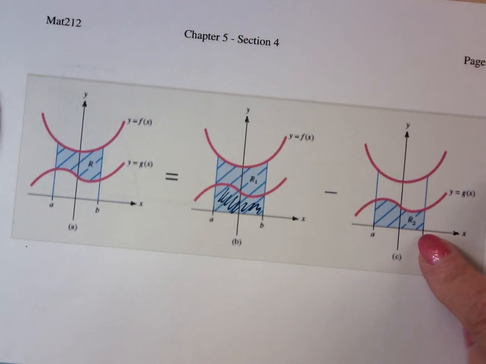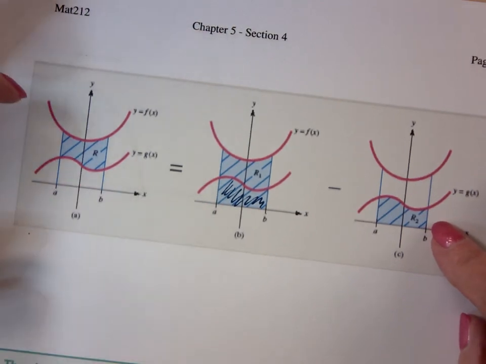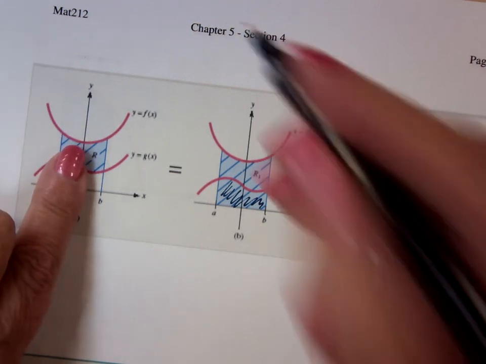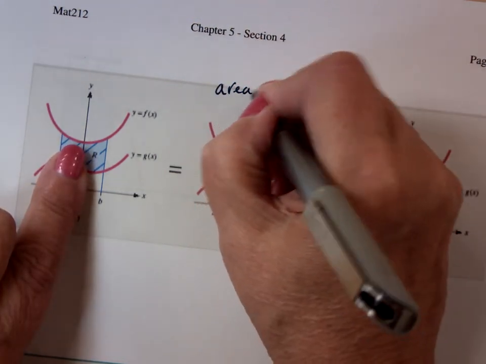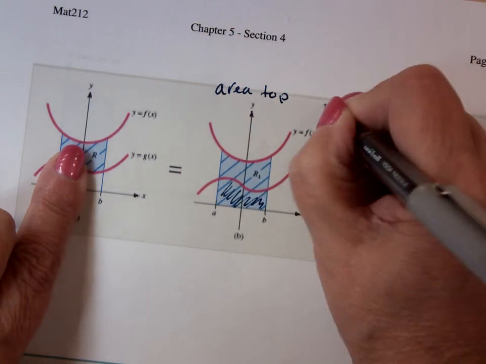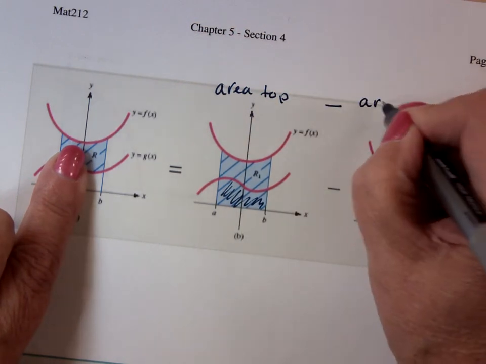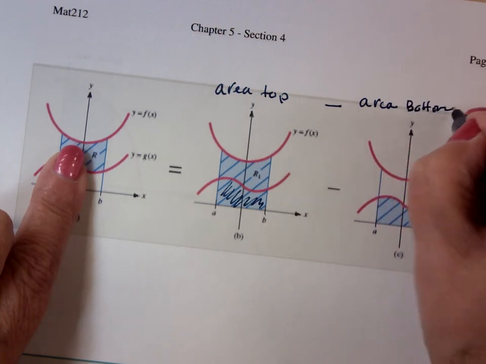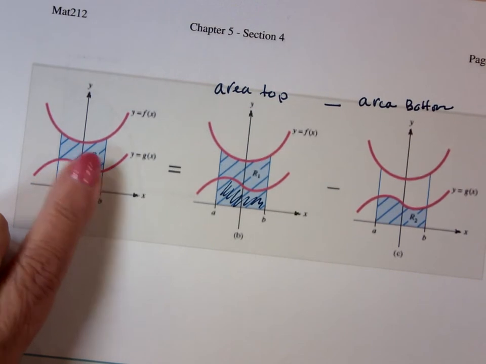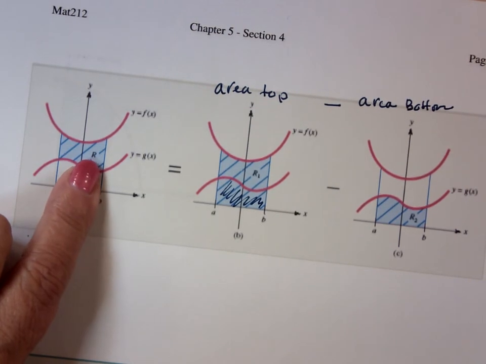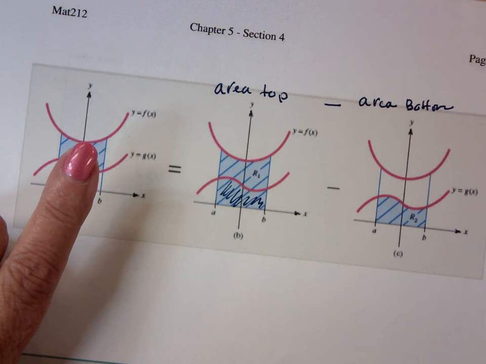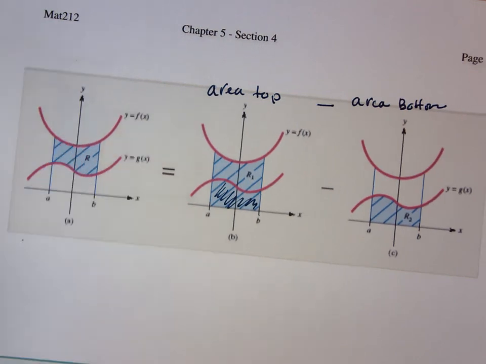So essentially, if I'm looking for the area between two curves, it's the area of the top one, subtract the area under the bottom one, and that gives you the area that's between. Now, if the bottom one is the x-axis, that would be essentially y equals 0.